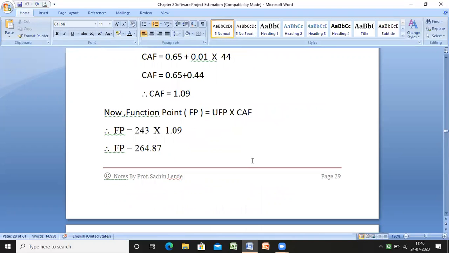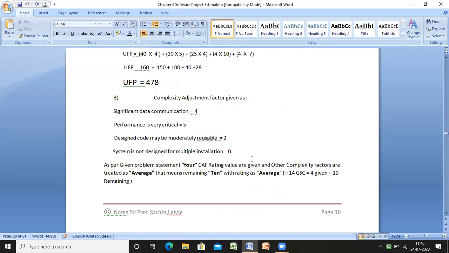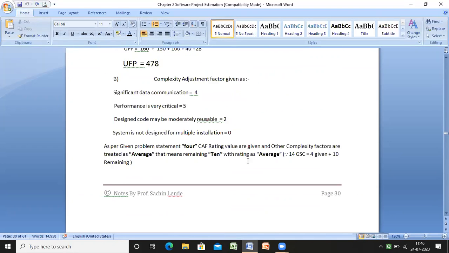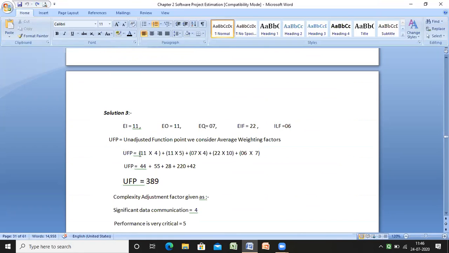So I'm going to use those average points to calculate the unadjusted function point with the help of average only. Look at the example one more time. Again 11 into 4 plus 11 into 5, 7 into 4, 22 into 10, 6 into 7.